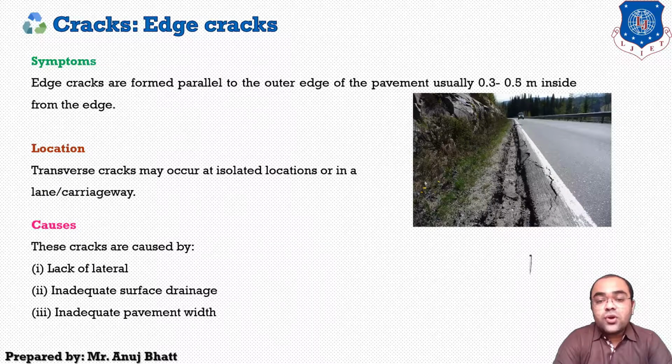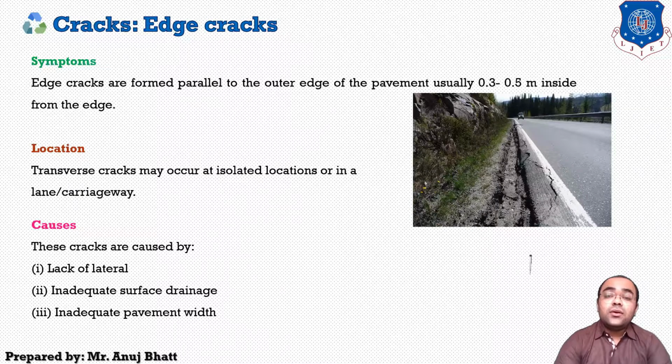Now if we talk about the causes, the cracks are caused by lack of lateral support, settlement or yielding of the underlying material, inadequate surface drainage, shrinkage due to drying out of surrounding frost heave, inadequate pavement width and non-provision of extra width.